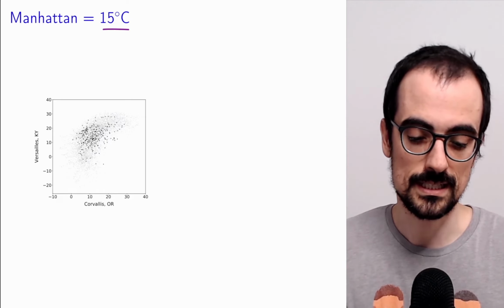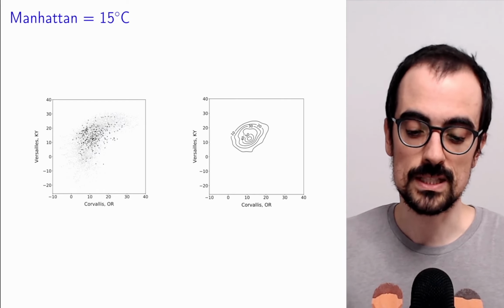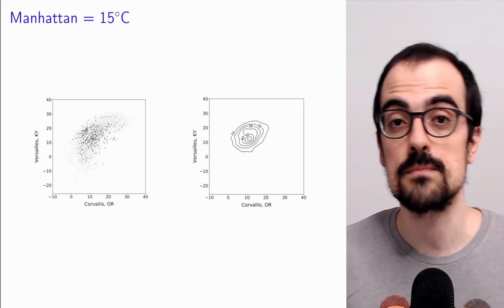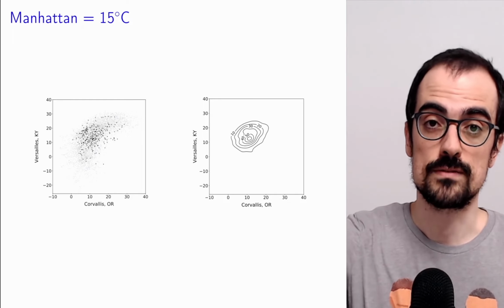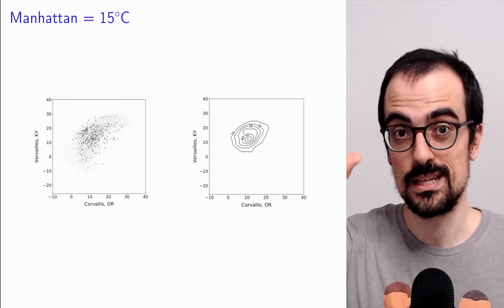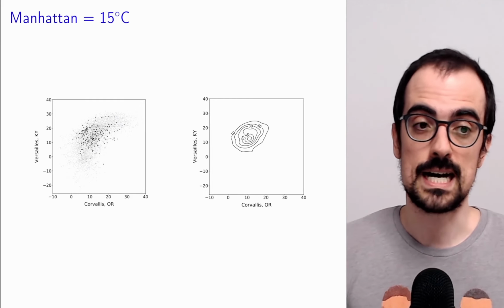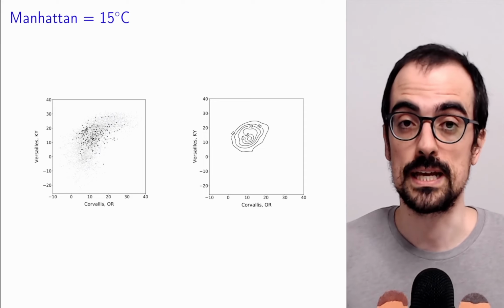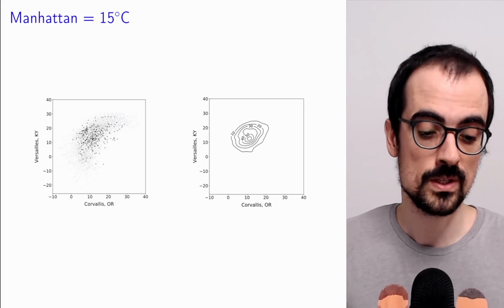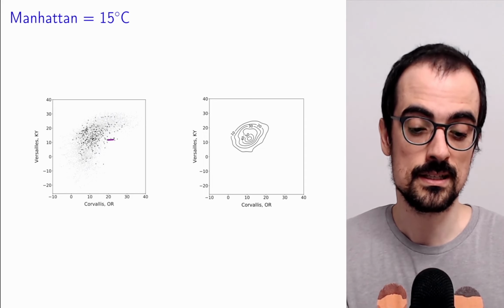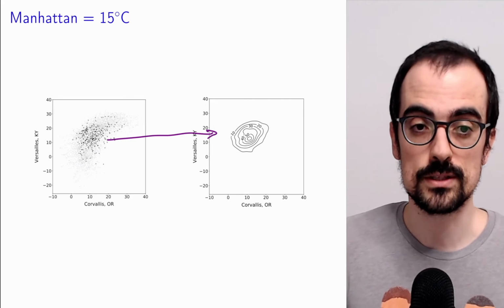And these are the data points. This is our estimate of the joint PDF, which we obtain by dividing an estimate of the 3D joint PDF by an estimate of the marginal PDF at Manhattan, both obtained through kernel density estimation. So you can see that basically it roughly corresponds to those data points.